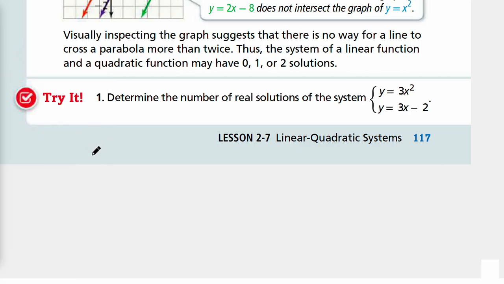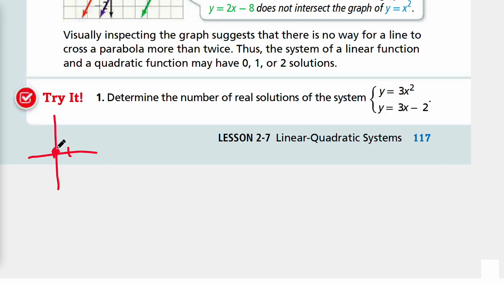Why? If you graph them, you will see no intersecting points. Let's graph some points. When x is 0, y is 0 for 3x squared.